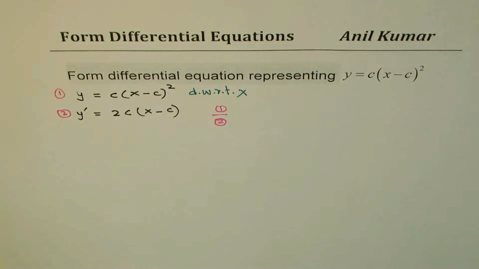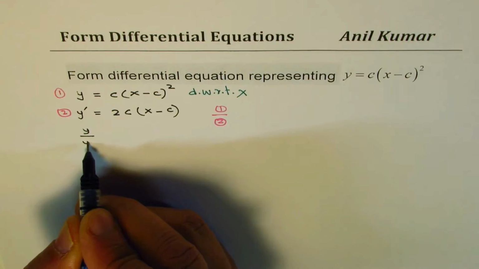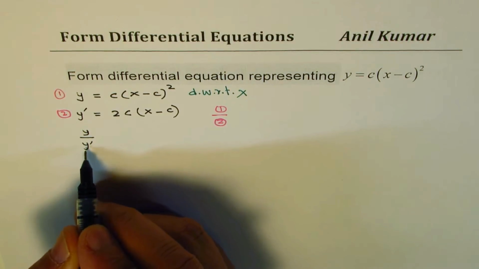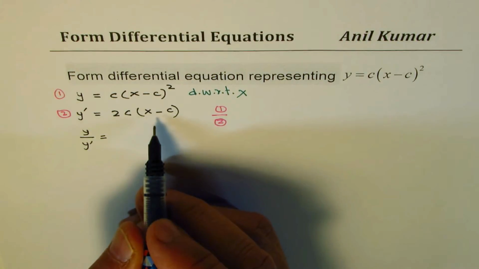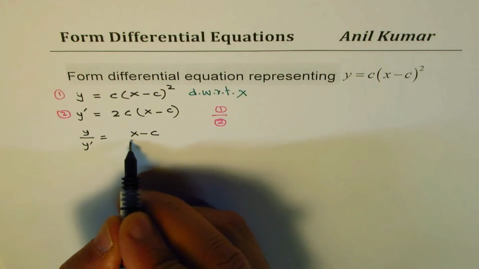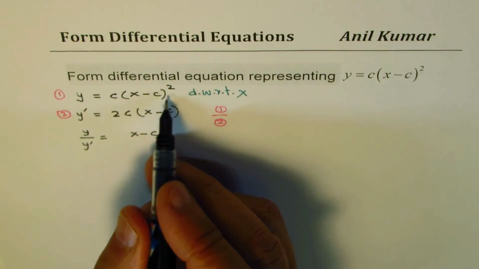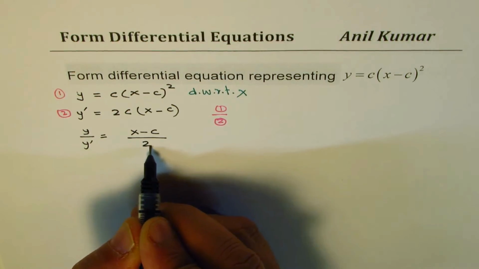What we get here is y over y prime, that is y over dy/dx, equals (x minus c) over 2, since c and c cancel.